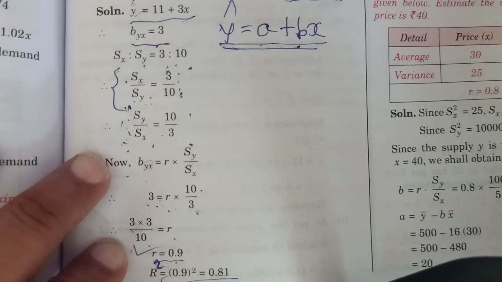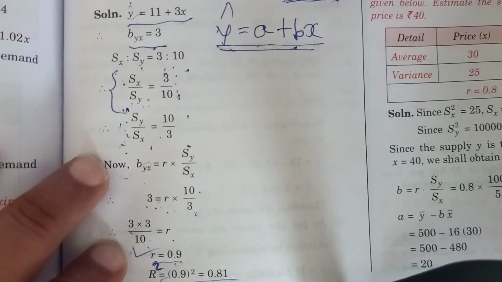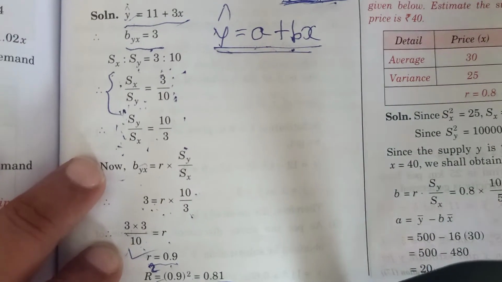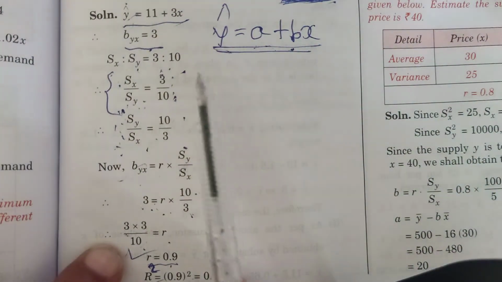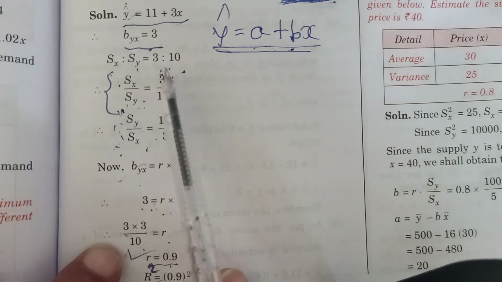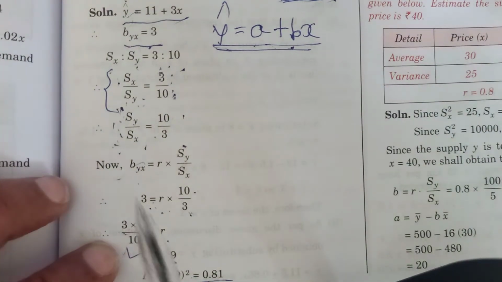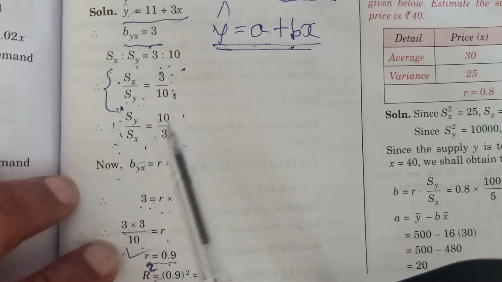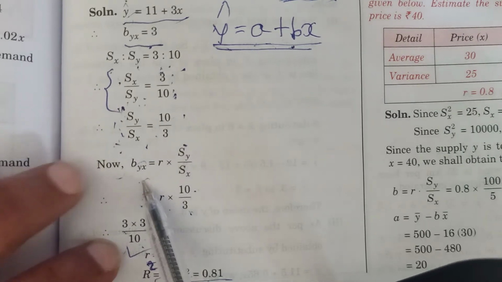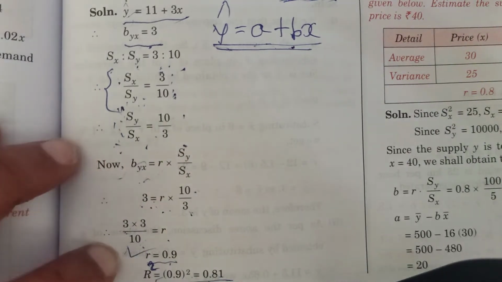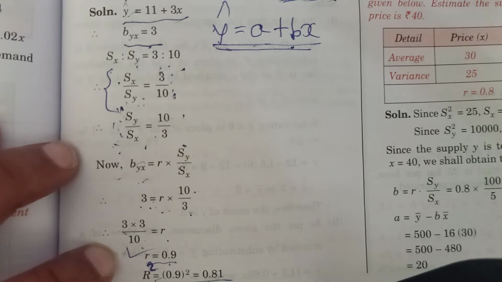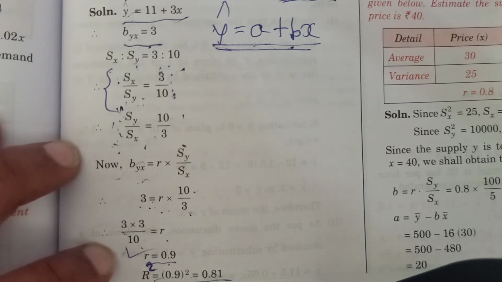Y cap is provided, 11 plus 3x. 3 is byx. They provide sx is to sy, so we take the reciprocal, sy upon sx. Then we put the values into the formula. The formula of byx is r into sy upon sx.